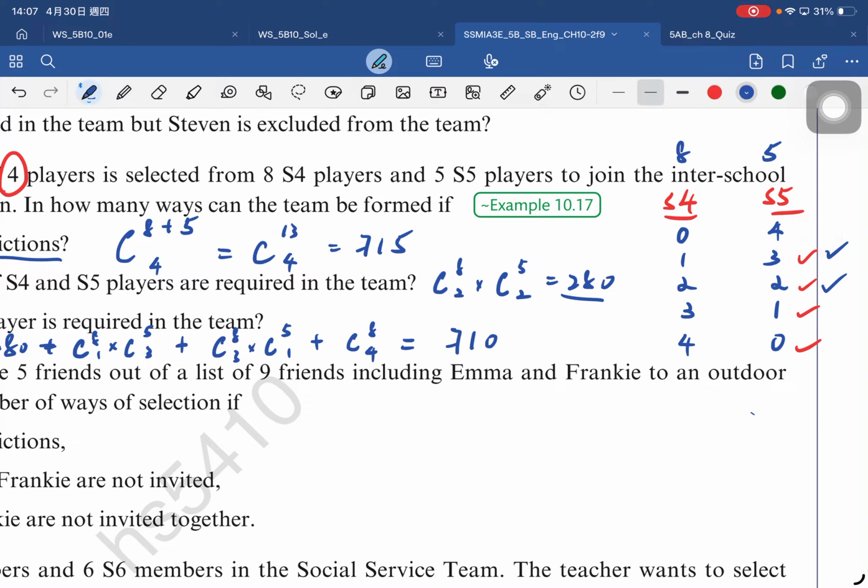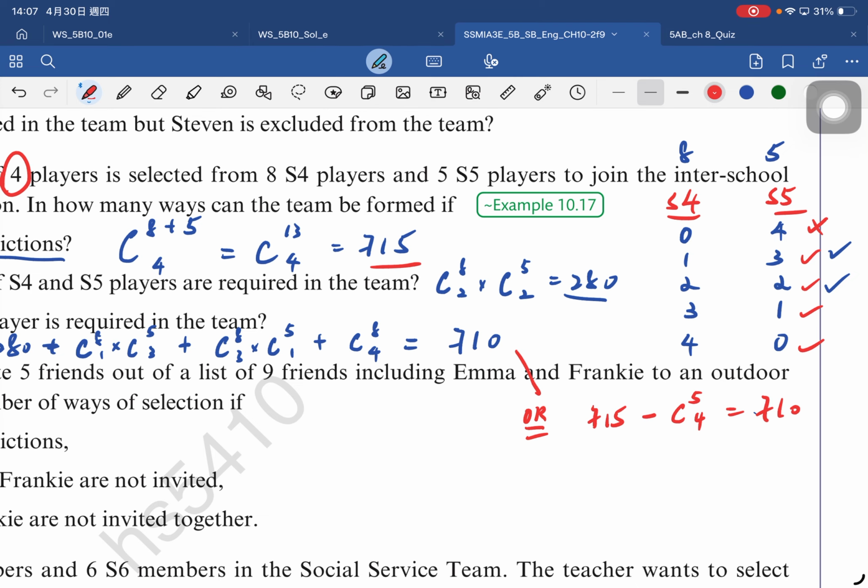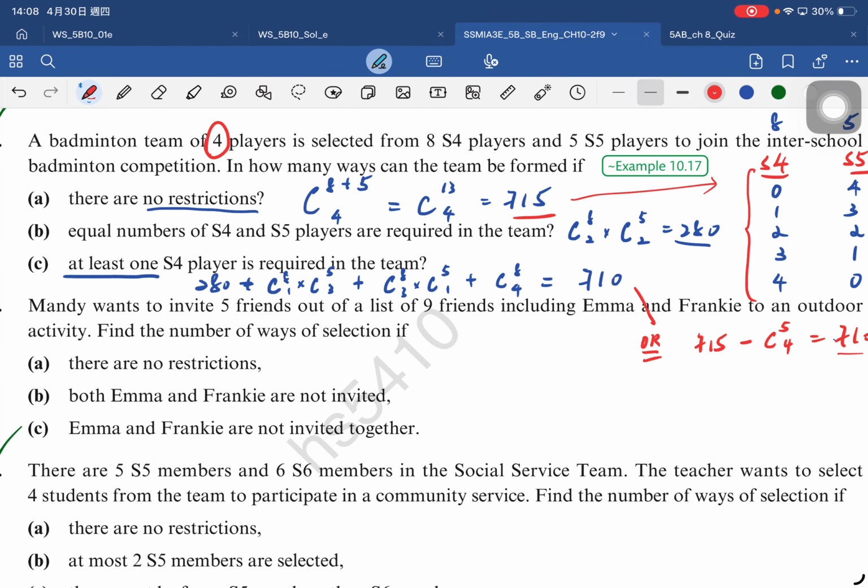So using the other way, I use the total number of outcomes without any restriction minus this case, 5C4. You check whether the answer is the same as 710. Remember, with no restriction, the combinations already include all the cases. So isn't it faster to subtract? You don't need to think about so many cases. Is it clear? You can try, this is also 710.